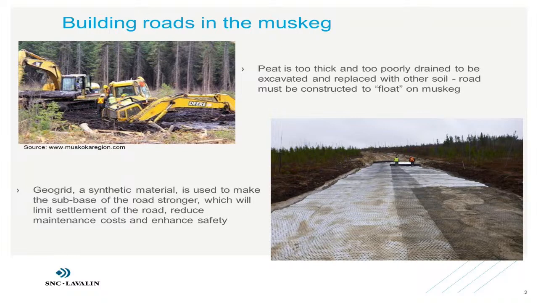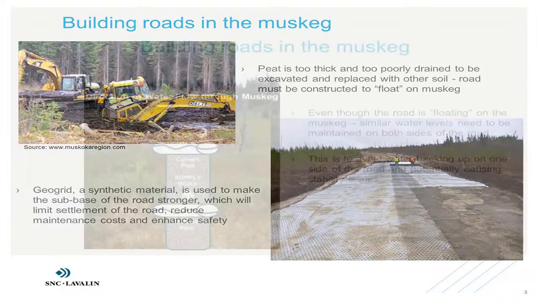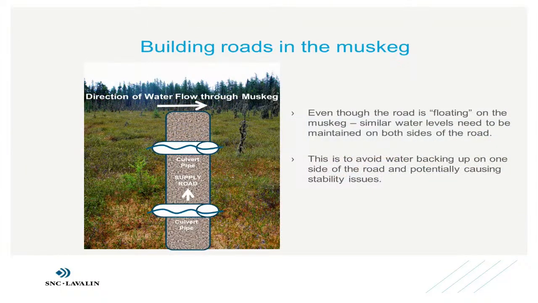So the key thing when designing these roads is to facilitate water flow, so that the water levels on either side of the road are essentially the same. There's lots of different ways they do that. They do that by installing culvert pipes. And then depending on the areas, they would install more culvert pipes than in other areas because the need for water flow might be greater in certain areas than in others.